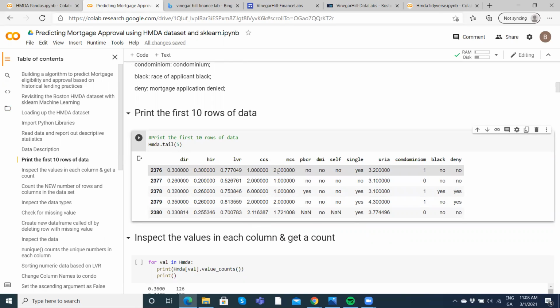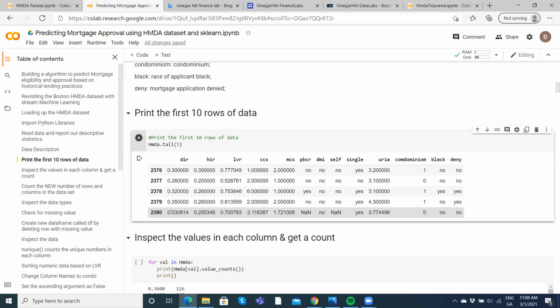Likewise for the mortgage credit score, we have 1.72. So this final row seems to be populated with missing values, and the values look corrupted in 2 of the cells.